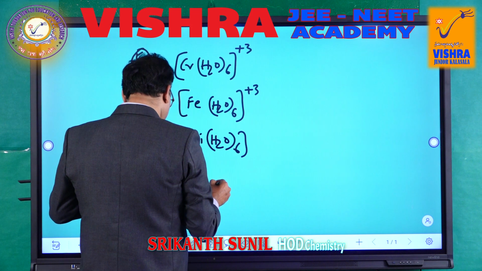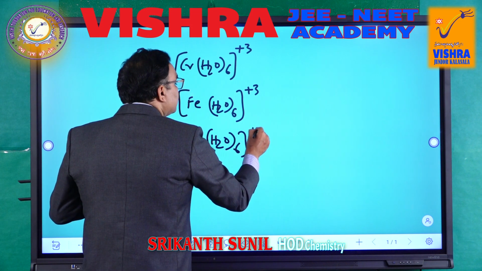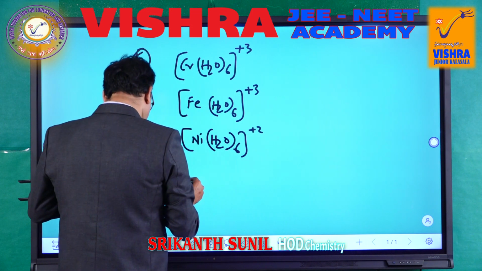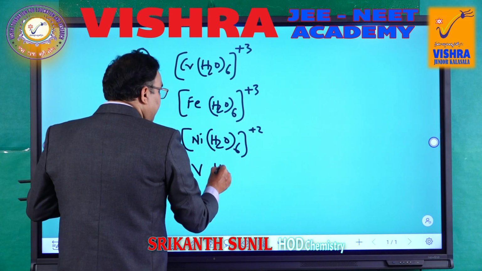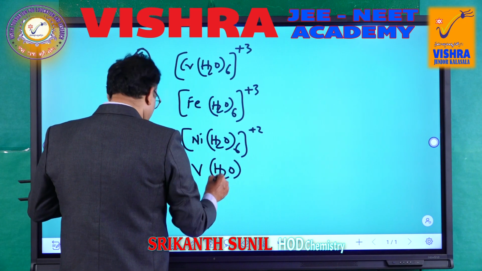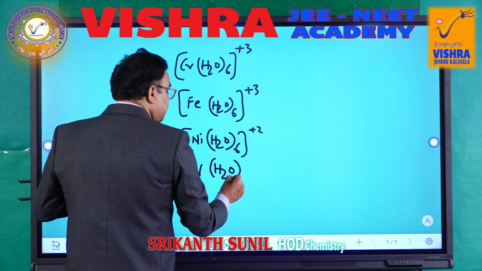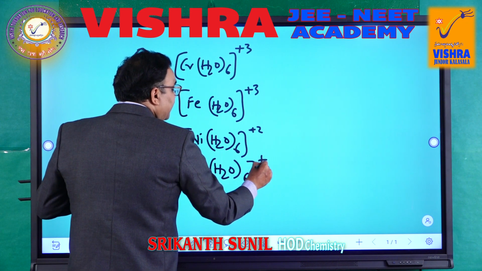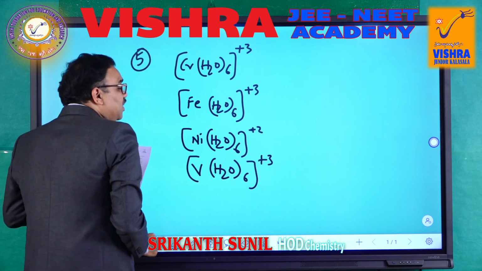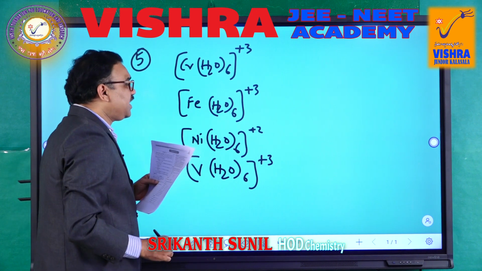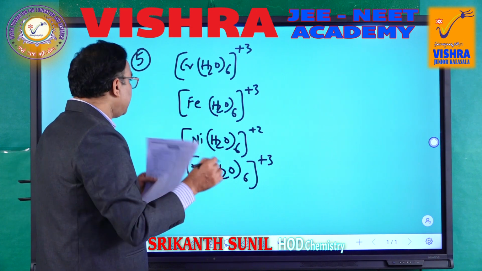All are octahedral complexes, so no need to worry about their geometry. All have the same geometry, and we have to say which one has the correct configuration in crystal field splitting.